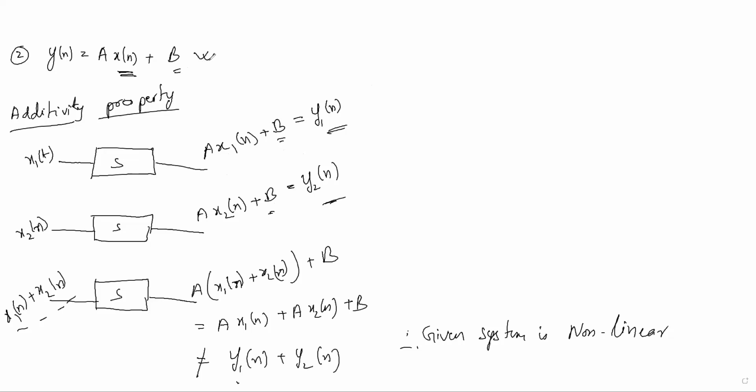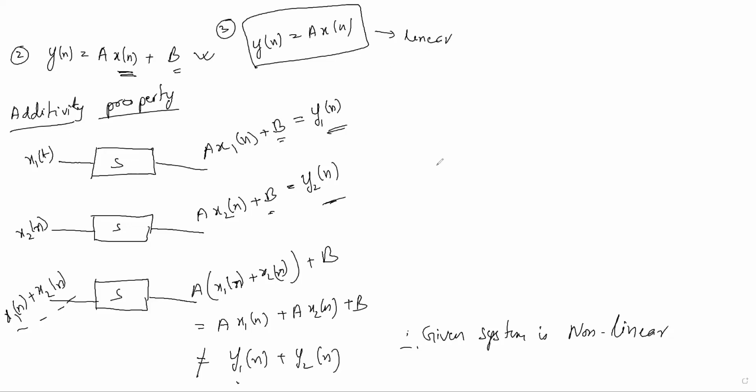I understand your problem too. As I said earlier, if y of n equals a x of n, then this system is linear. You should know this system is linear.